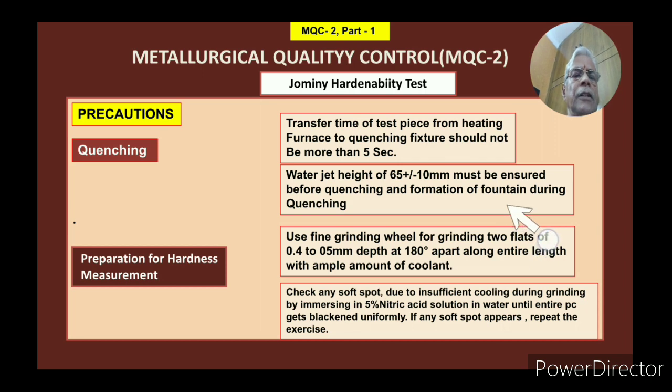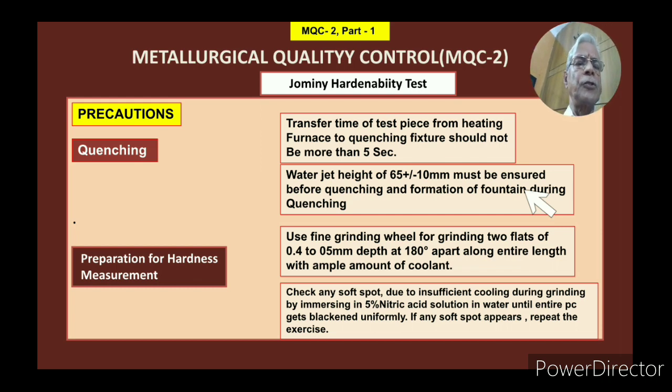And the last: check for any soft spot due to insufficient cooling during grinding by immersing here. This I have just explained, the soft spot, how to check it. You have to dip in 5% nitric acid in water solution until the entire piece becomes totally blackened uniformly.